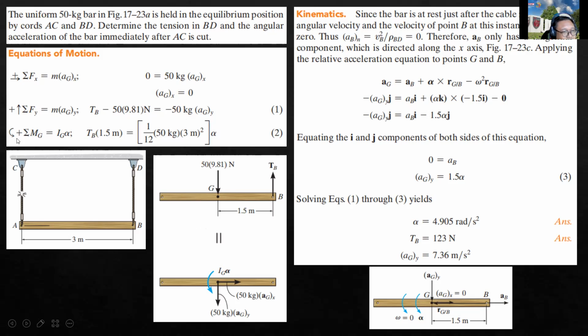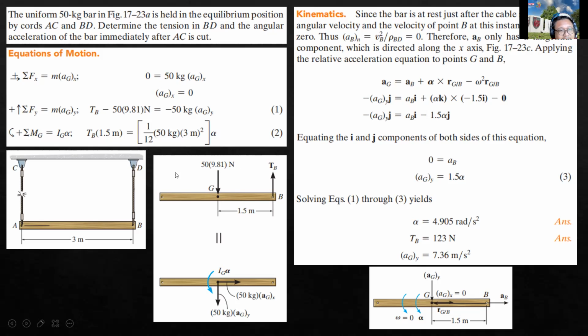Then we take the summation of moment at point G, and we assume that counterclockwise is our positive direction. We have TB times the moment arm, which is 1.5 meters. You don't need to include this W because it is pointing to the center of mass, CG. On the right hand side, it is equal to I alpha.